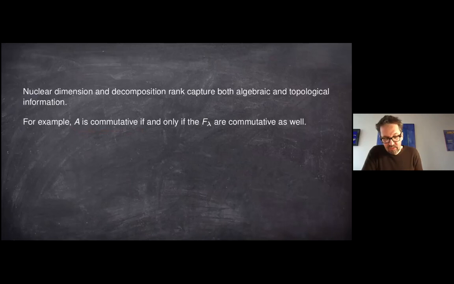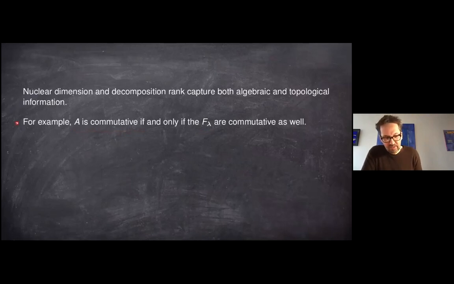So it turns out that A is commutative if and only if the F^lambda in the approximations are all commutative. And the reason for this is that these order zero summands require some rigidity of these approximations, which can then be observed at the level of the finite dimensional approximating algebras.